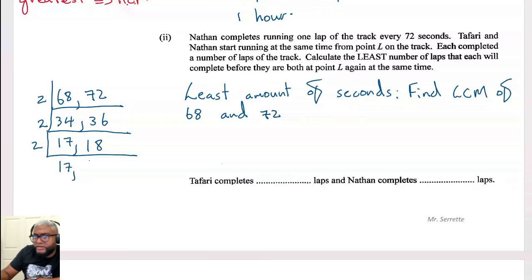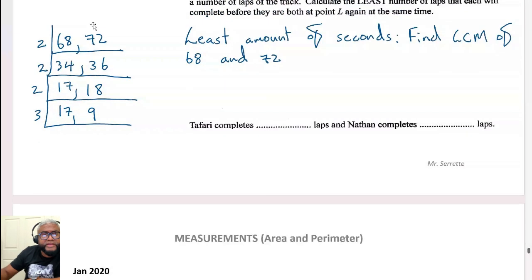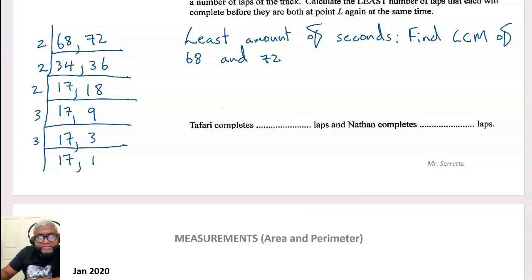You bring down the 17. Now this is primary school looking for LCM. 2 into 18 is 9. Then you use 3 because you can't use 2 anymore. 3 cannot go into 17, you bring down 17. 3 into 9 is 3. Then you use 3 one more time. Bring down the 17. 3 into 3 is 1. And then you just use 17. 17 into 17 is 1. You bring down the 1.